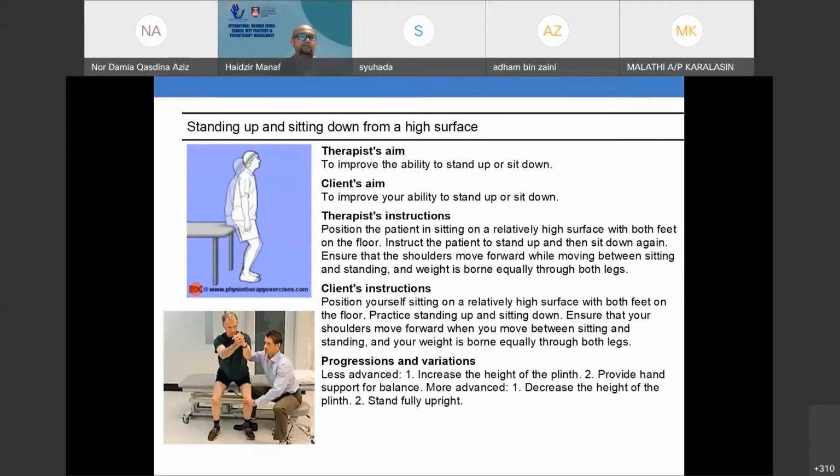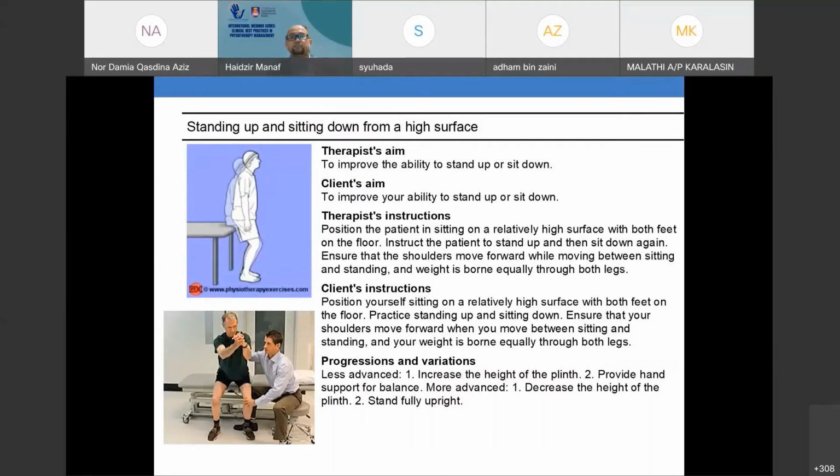This is what I mean by standing up and sitting down from the high surface. You can use a Bobath plane, or planes that can adjust the height of the plane.